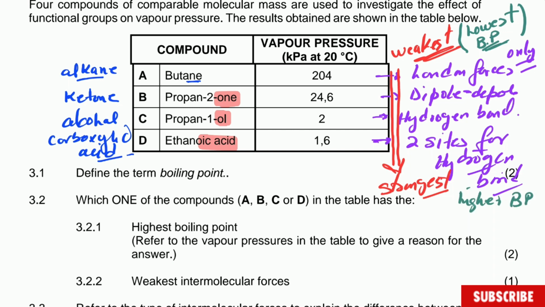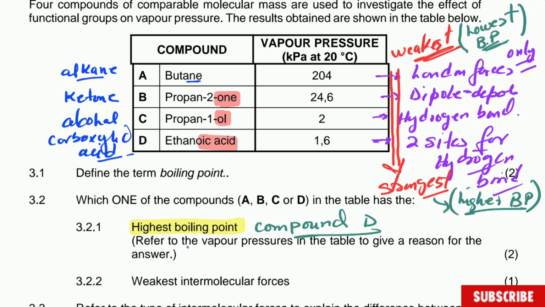Okay, so saying that, because it's related to the intermolecular forces, you can see the question asks for the highest boiling point, and that one is going to be ethanoic acid. So in this case, you have to say ethanoic acid or compound D. That one has the highest boiling point. Now they said refer to the vapor pressure.